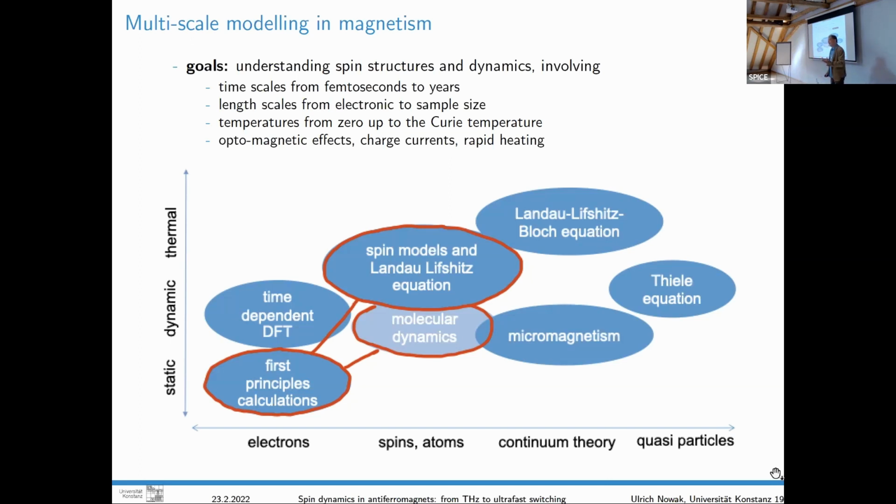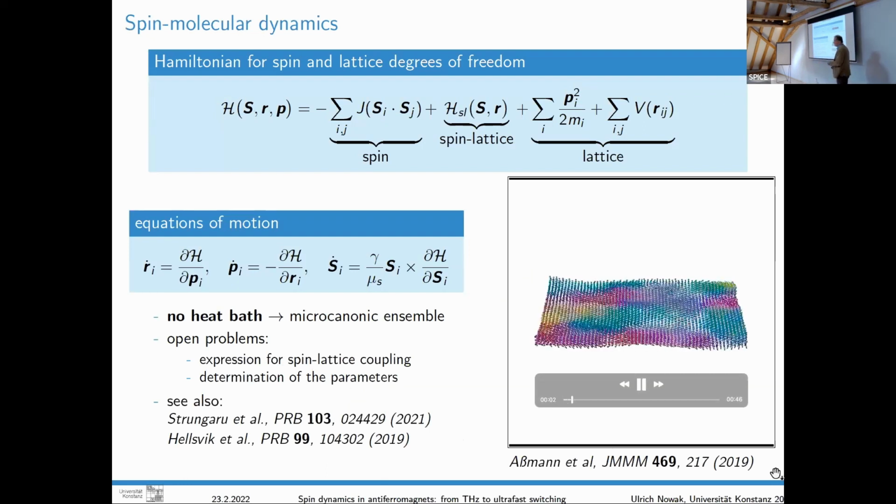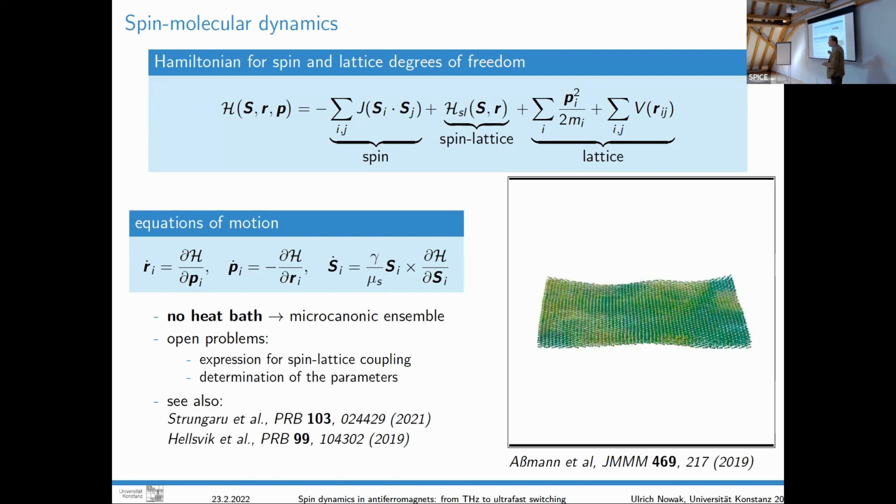To make that even more interesting, especially to understand the nature of the coupling, we also need information from first principle calculations. What I can give you is more the idea of what we are working on currently. It would look like this: you write down a Hamiltonian that has spin degrees of freedom and spatial degrees of freedom, lattice positions and momenta, okay?